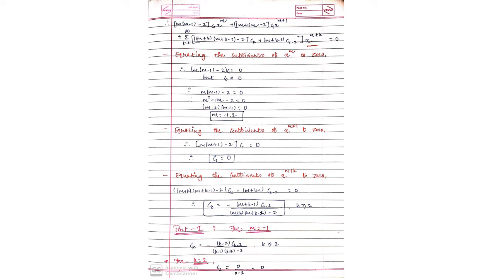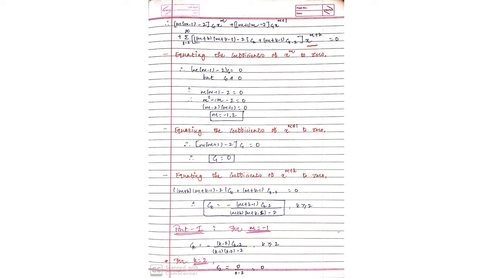So the first term you have here is m minus 1 minus 2 into c0 equals to 0. But as you know all, c0 can't be 0, so which one will be 0? m into m minus 1 minus 2 will be 0.